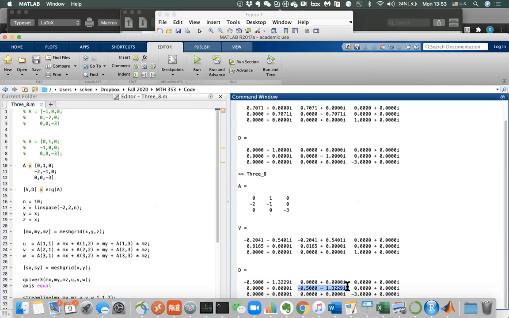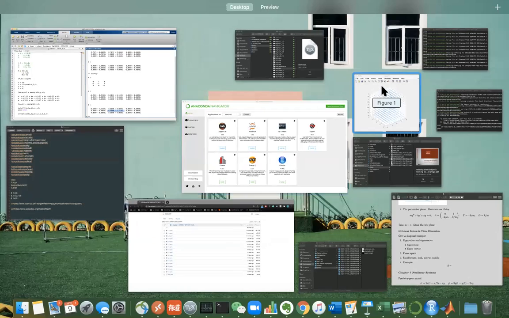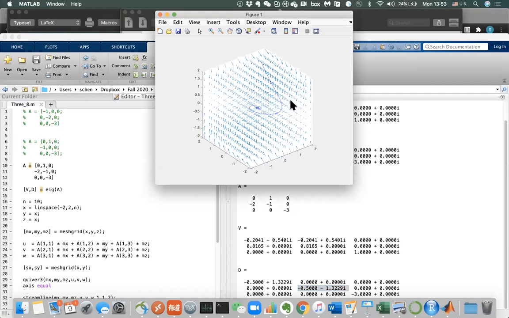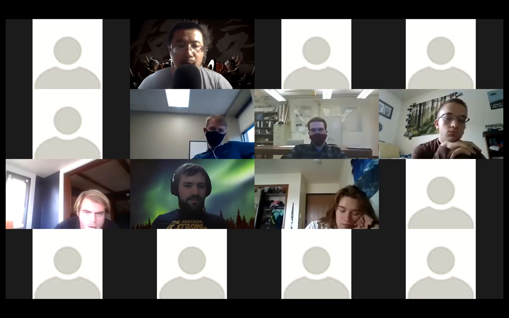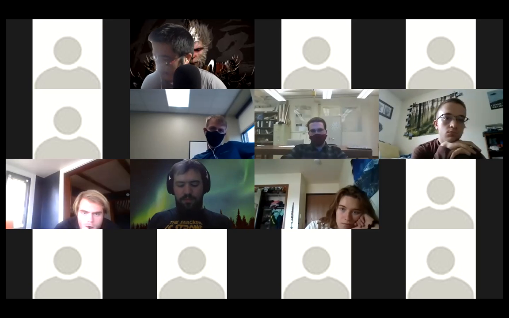While they're complex, they have a negative real part, so they are a spiral sink. So they spiral down. Meanwhile, they spiral sink to 0, 0. That's what you observe here. That's basically our analysis for 3 dimensions.